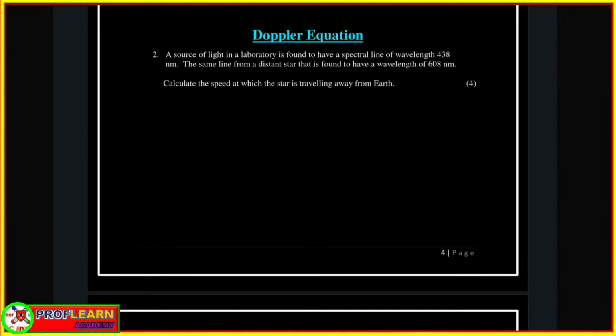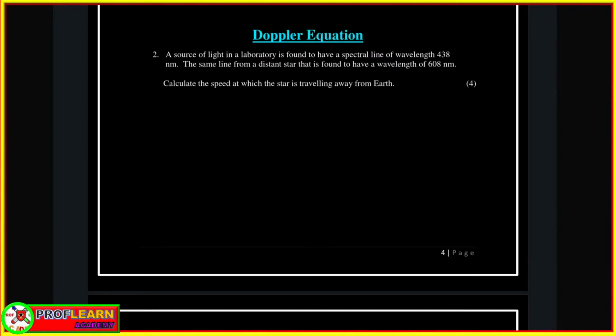Look at the scenario whereby a source of light in a laboratory is found to have a spectral line of wavelength 438. Don't worry so much about the spectral line. The main idea is the wavelength that you are told, which is going to be our reference wavelength because we are looking at it from the lab on Earth.